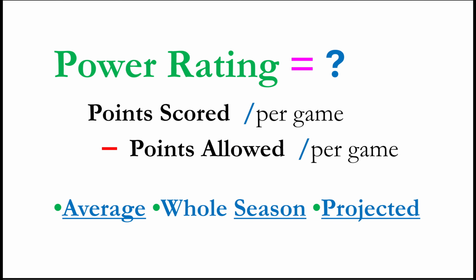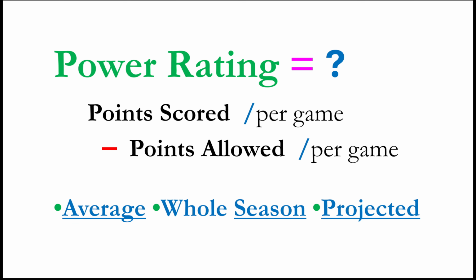Okay, but this is the core of the calculation. So, of course, there needs to be adjustments. So if you went into the future and looked back on the 2025 season, you could then take the points scored per game minus points allowed per game, make the adjustments for strength of opponents, right? And then you could calculate these power ratings.